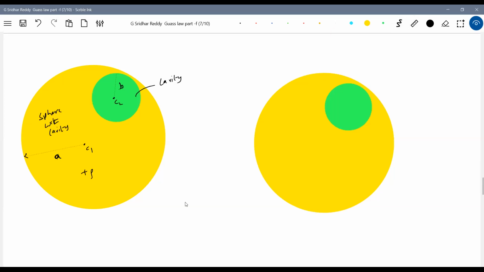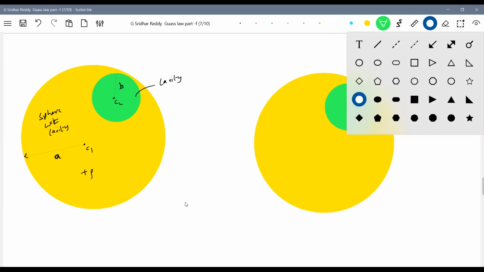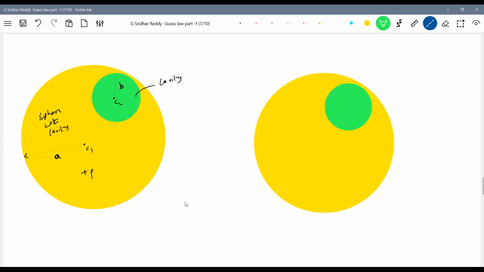So again, the vector diagram, what does it say? These are the centers. This is the point C1, C2. Somewhere let me choose a point P. Then the field strength at point P due to the sphere without cavity will be directed here.